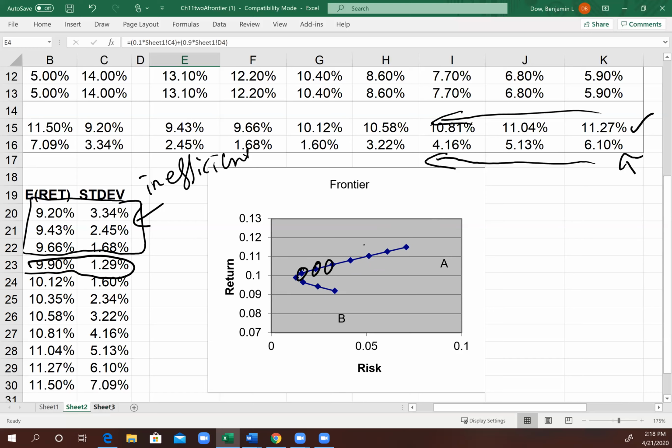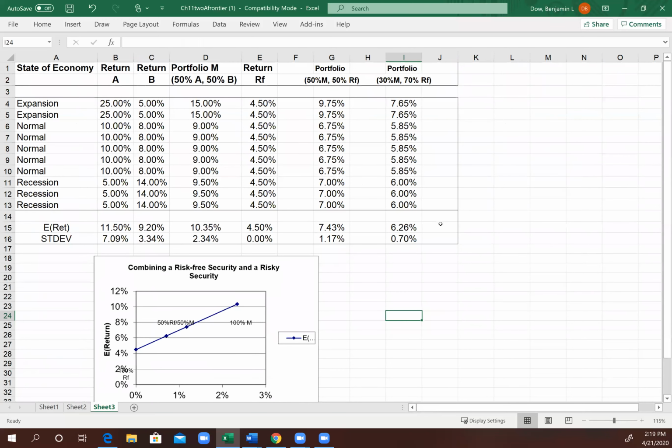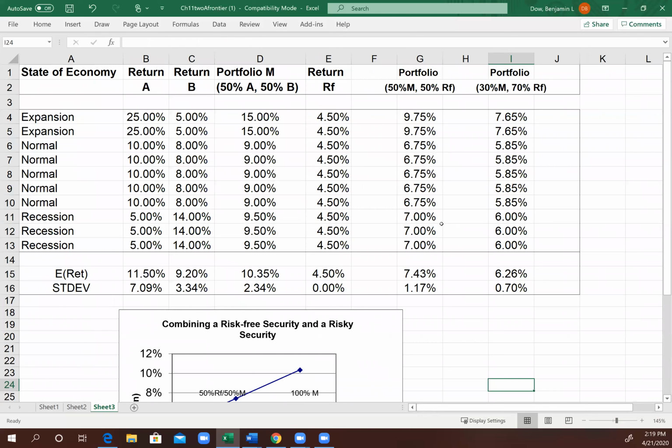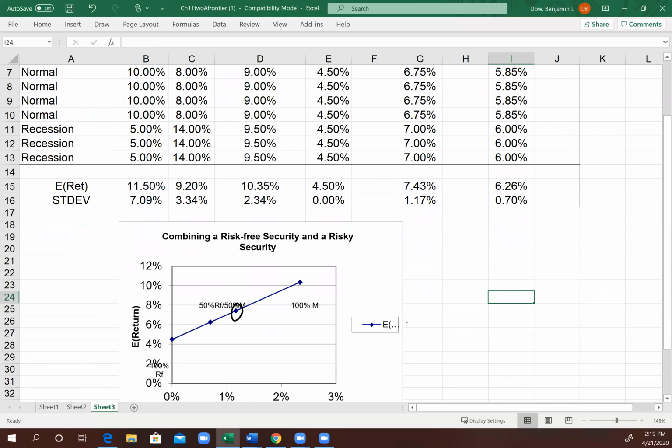So what you can kind of see from a theoretical standpoint is that if you had a portfolio that was half stock and half bonds, and you added a risk-free rate to it, then you could find any point between this 50-50 portfolio, which was just one of the points on the frontier.